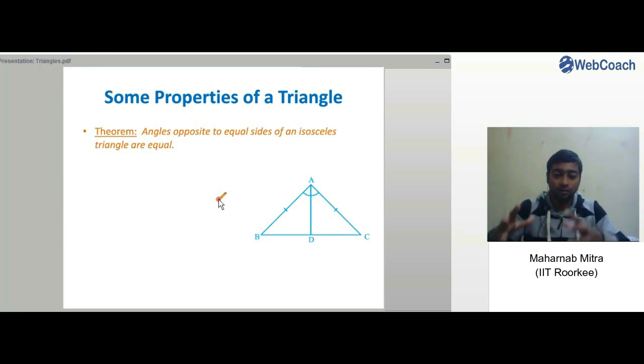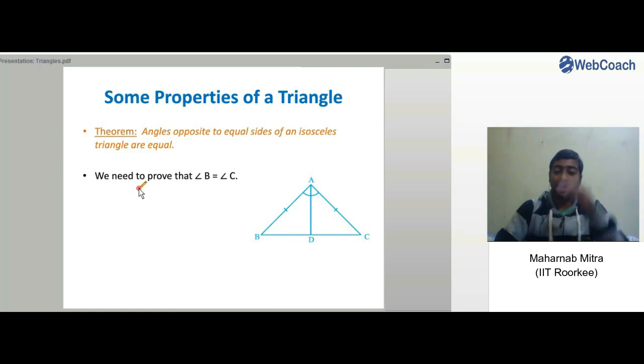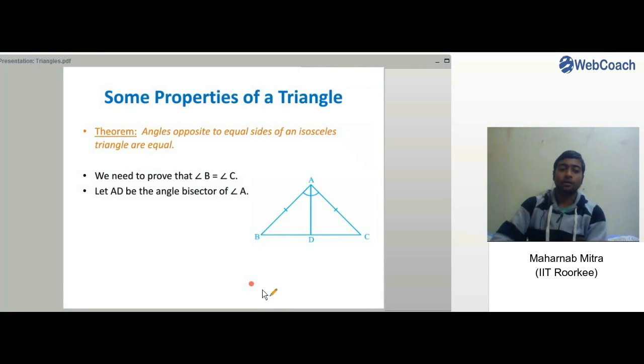So let us try to prove it from the concepts which we have learned for congruency of triangles. In this figure you can see we have taken ABC as the isosceles triangle, where AB equals AC, and I will talk about AD a bit later. We need to prove that the base angles, which are angle B and angle C, are equal, or angle ABD equals angle ACD.